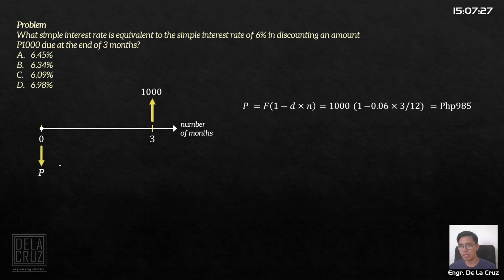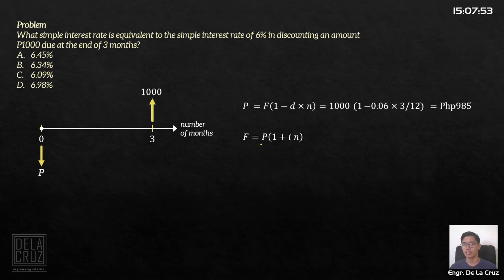Now, kung ibalik naman natin yan doon, yan yung ibig niyang sabihin kasi, what simple interest rate is equivalent. Equivalent daw sila ng future amount. So, kung ibabalik natin yan sa future value, ito pa rin yung gagamitin natin, this time, plus naman siya kasi equivalent future amount sila.